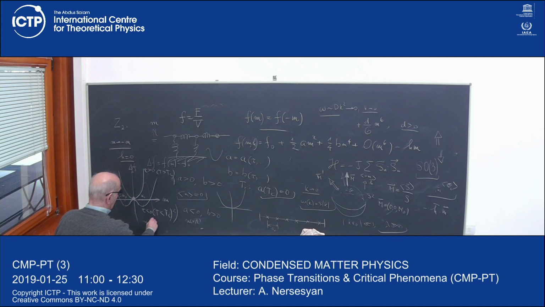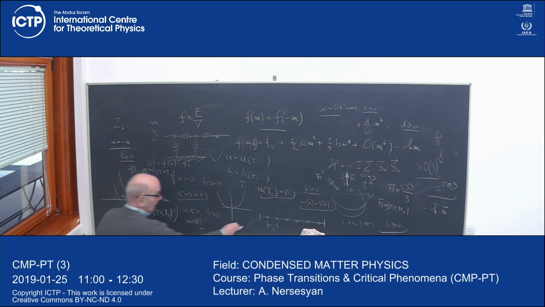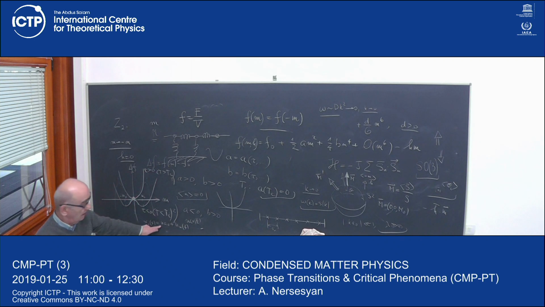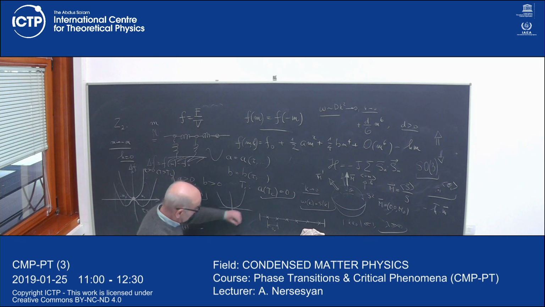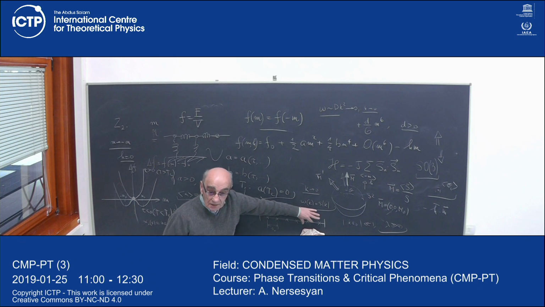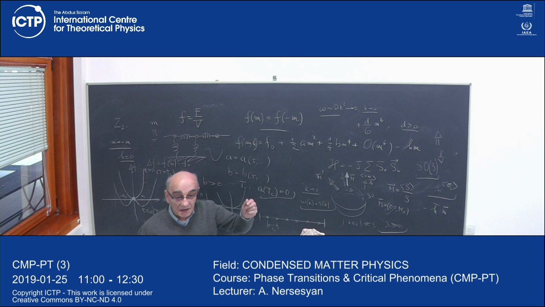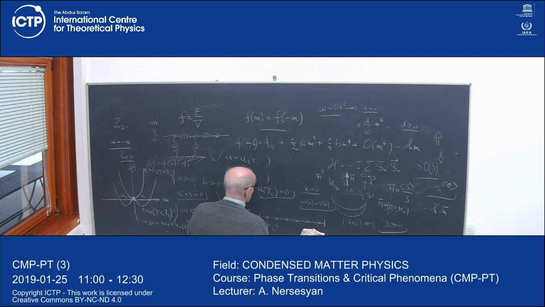I write down the location of my atom in this chain as na_0 plus u_n(t), where u_n(t) is a deviation from the equilibrium value, which is time dependent. In other words, I allow all the atoms to vibrate, to deviate from their equilibrium positions, right? And then I ask you what happens at low energies. And then what happens at low energies is the following thing.